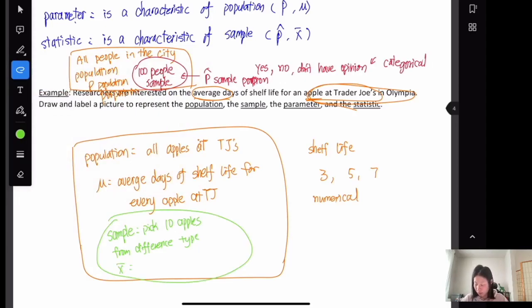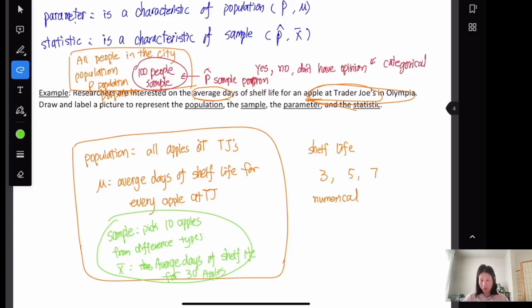So the X bar is the average days of shelf life for the apples that we picked. Maybe there are three types of apple that they sell in Trader Joe's. So that means in total we have 13 apples for our sample.